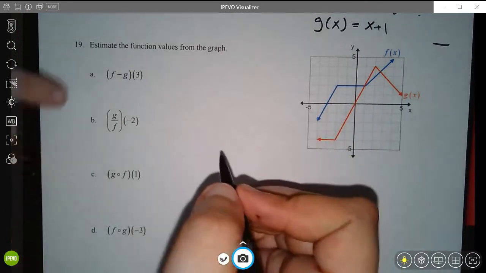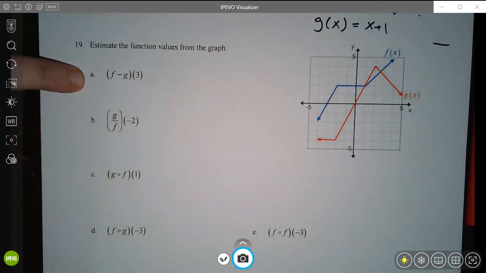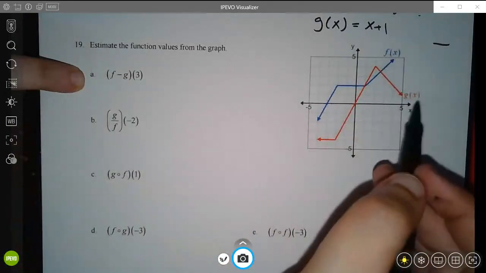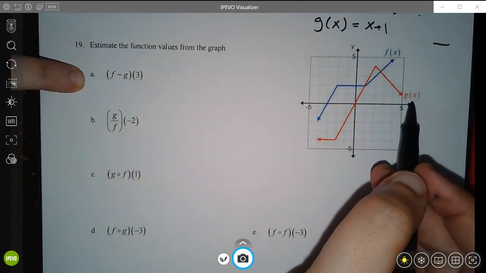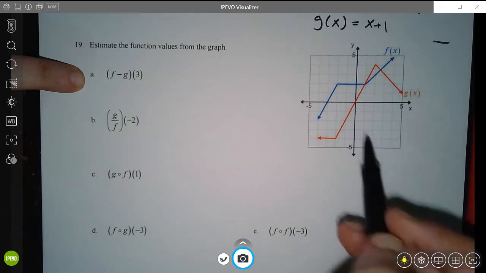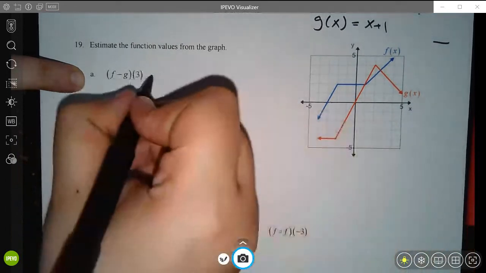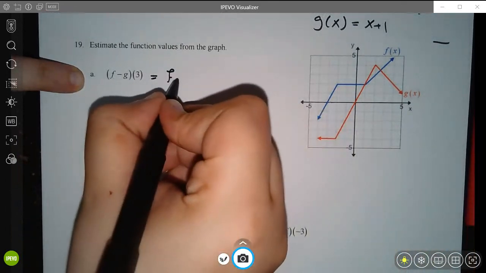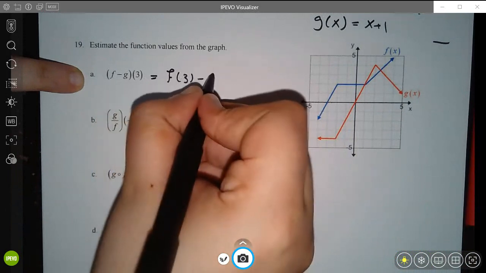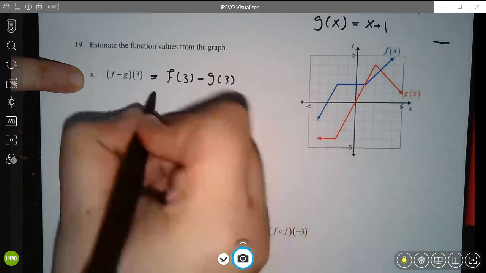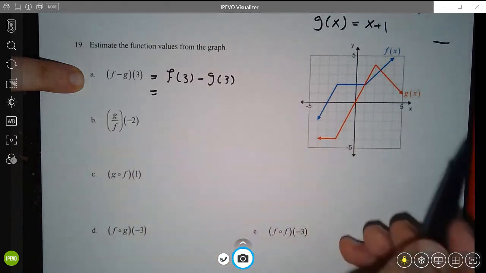First one is f of 3 minus g of 3. Here's your f, here's your g, and it's of 3, right? So this equals f of 3 minus g of 3. What's your f of 3?